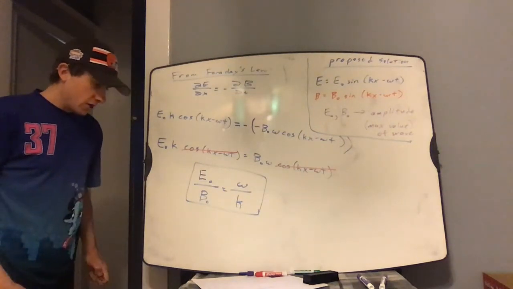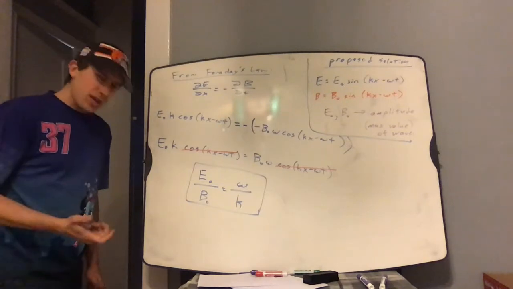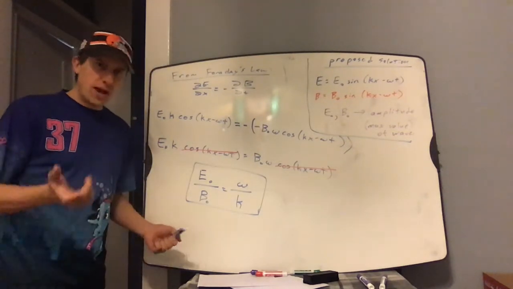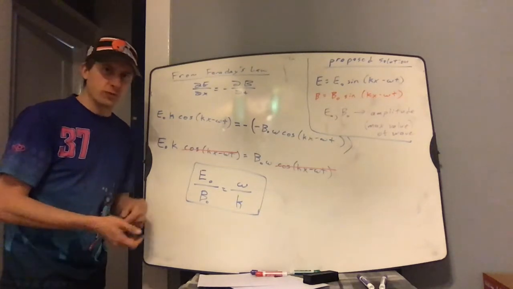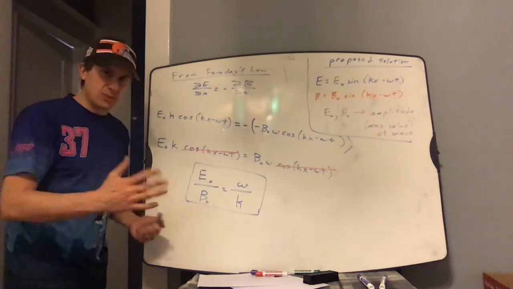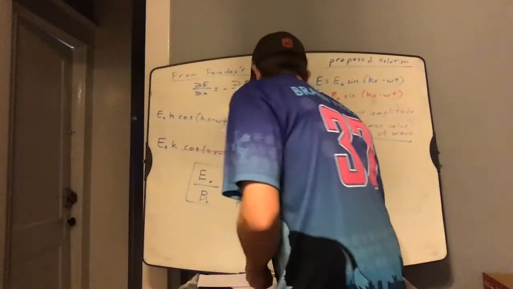From chapter 11-15, if you have a wave and that wave is moving, it's going to move at some speed. Omega over k is the speed of the wave that is moving. So omega over k is the speed of the wave.